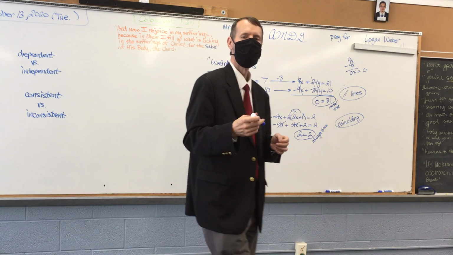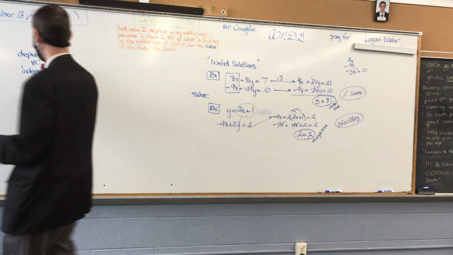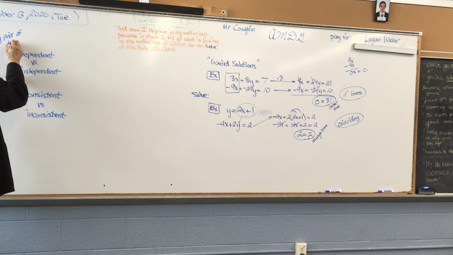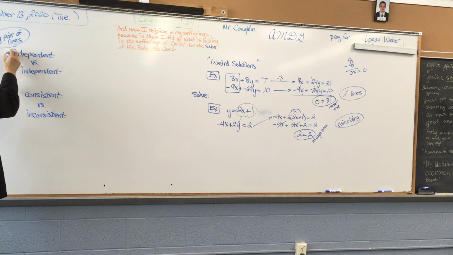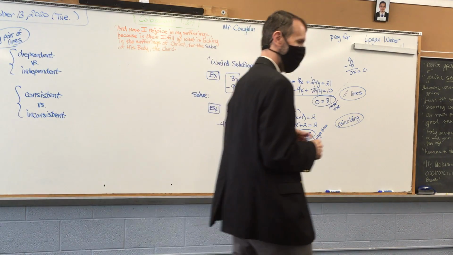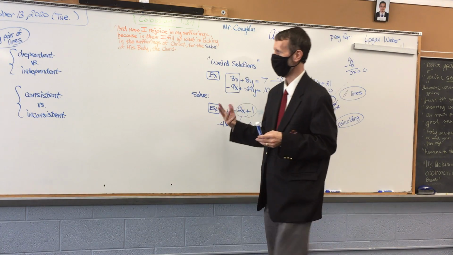Well, this is talking about any pair of lines. Any pair of lines will either be dependent or independent, and they'll be either consistent or inconsistent. So it's one of each. What does it mean that a pair of lines is dependent?